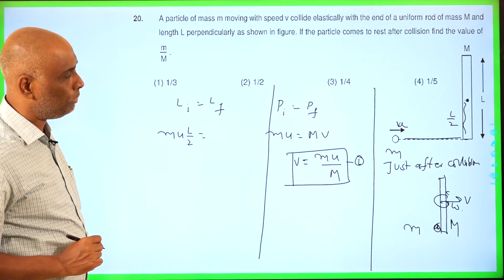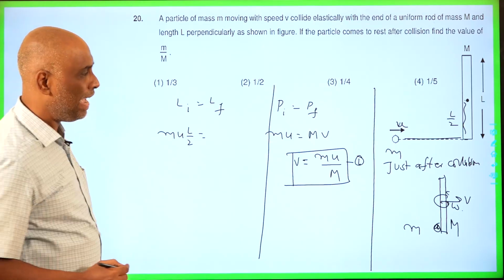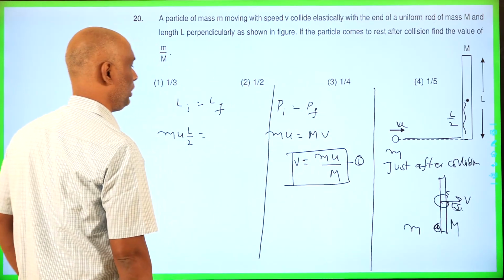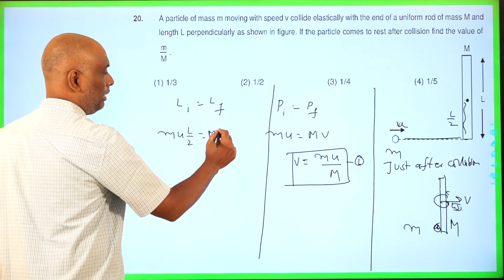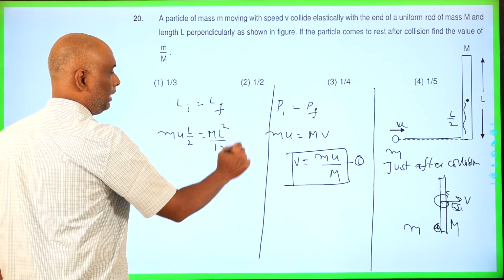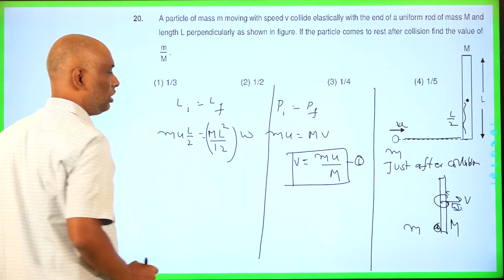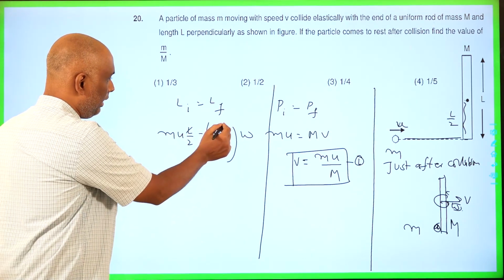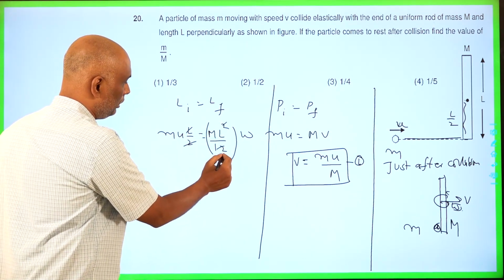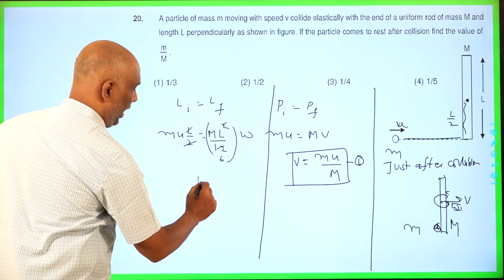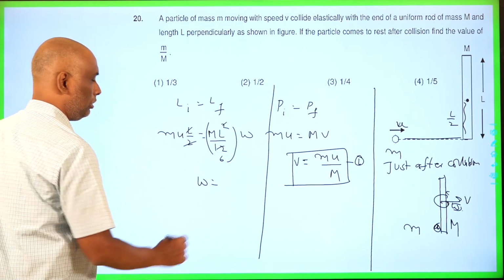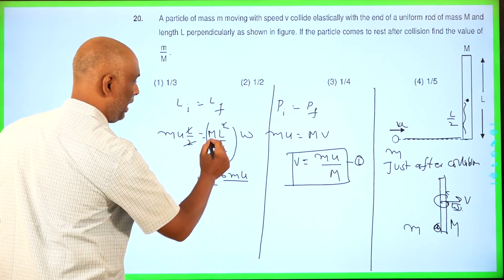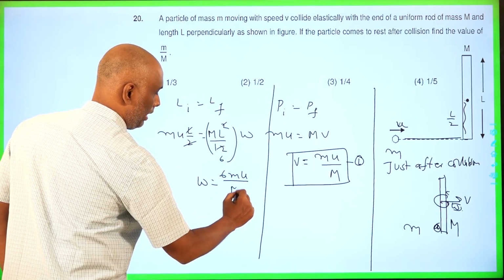Final angular momentum is I_CM, which is capital M L square divided by 12, into the angular velocity omega. From this equation, L and L get cancelled, and this goes 6 times. So the value of omega is 6 mu divided by capital M L.